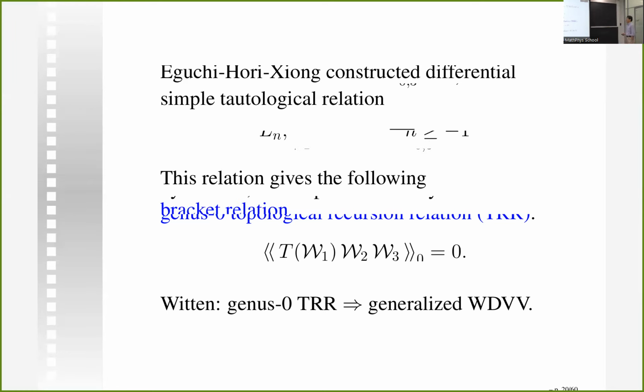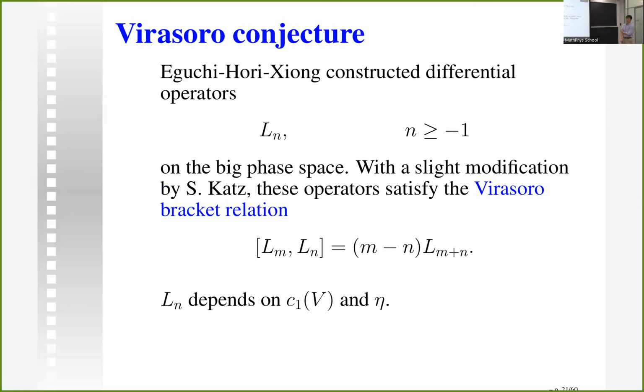This very simple topological relation also gives us very interesting applications. This is an application related to a conjecture which we call the Virasoro conjecture. The Virasoro conjecture says that if you have any smooth projective variety, then we can construct an infinite sequence of differential operators L_n, where n is bigger than or equal to -1. These are differential operators acting on the space of functions on the big phase space.